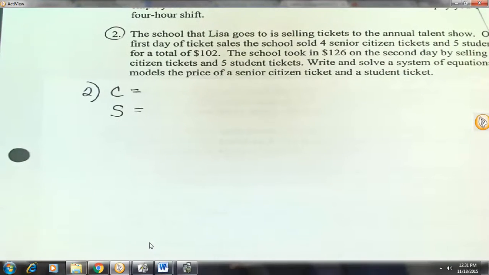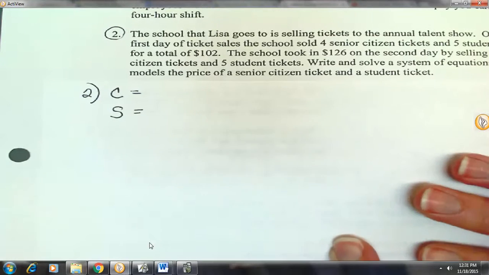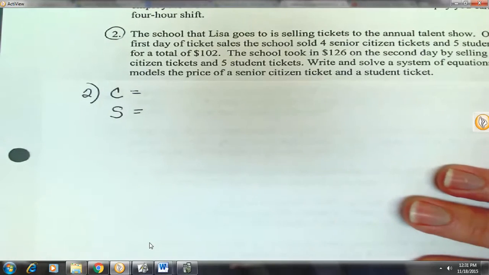If you want to use x and y, that would be fine too. We don't know the price of a senior citizen ticket, and we do not know the price of a student ticket. We know how many student or senior tickets they sold and the total money collected, but we don't know the price of each ticket.